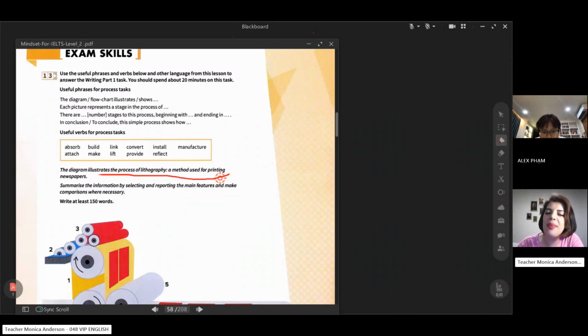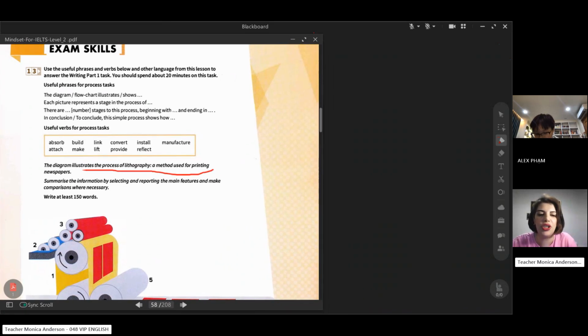Yup. Okay, and the method is called? Lithography. Yeah, of course. So let's write exactly the same thing that you said. Let me write here.